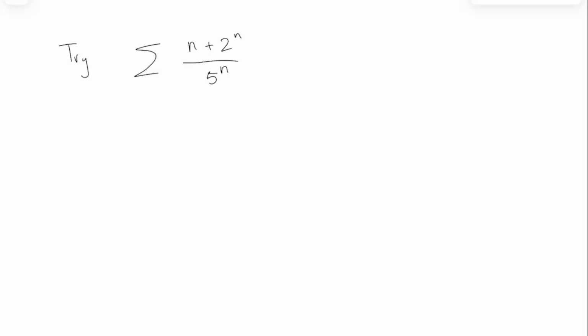Anyway, our job is just to test the convergence using anything, but what we were talking about last time was the limit comparison test. Remember the idea is you look at the top and the bottom for the dominating term, and then you compare.